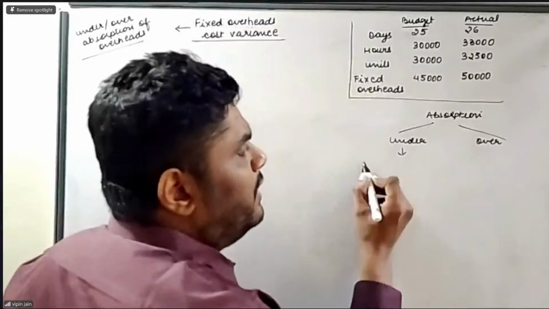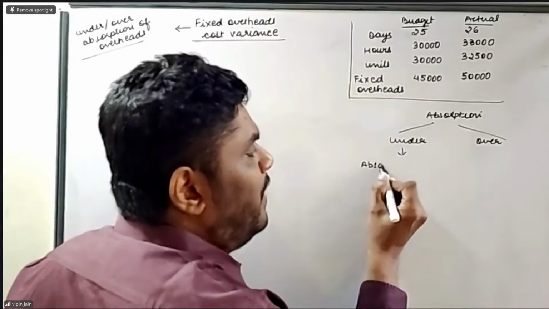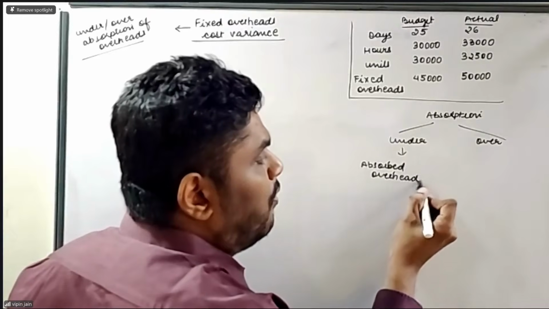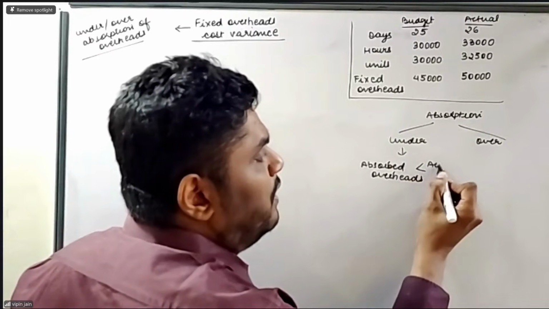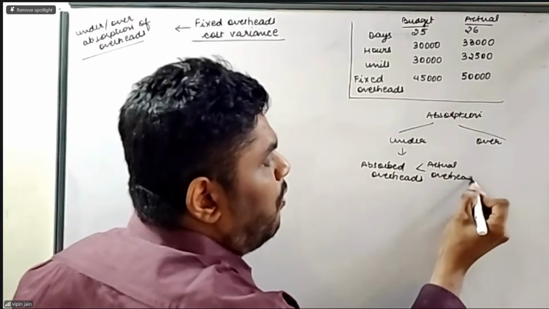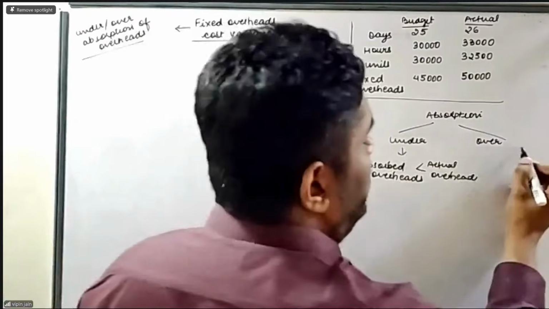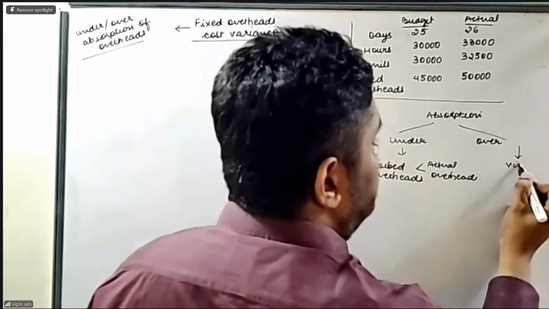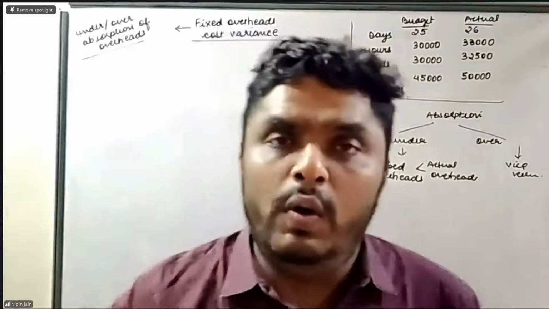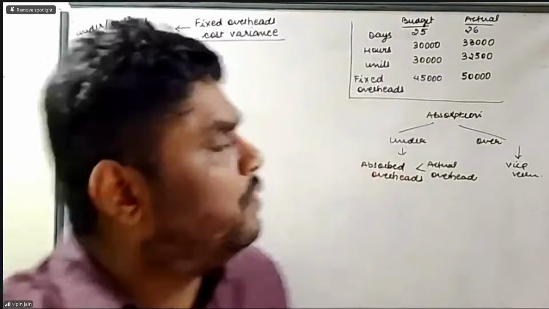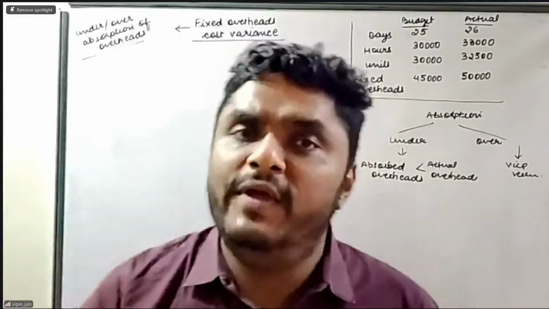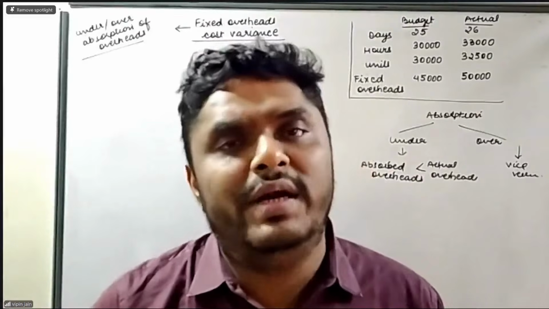If absorbed overheads are less than actual, it is under absorption, and over absorption is vice versa. So under absorption means overheads absorbed are less than actual overheads. And if overhead absorbed is more than actual overheads, it is over absorption.